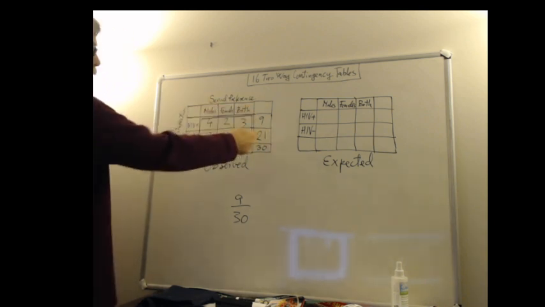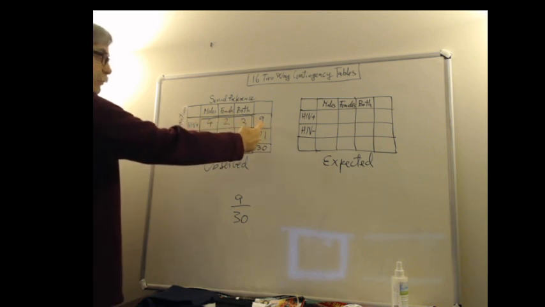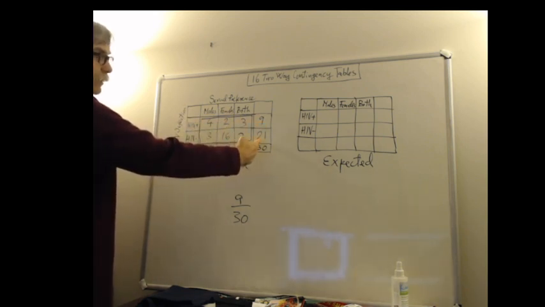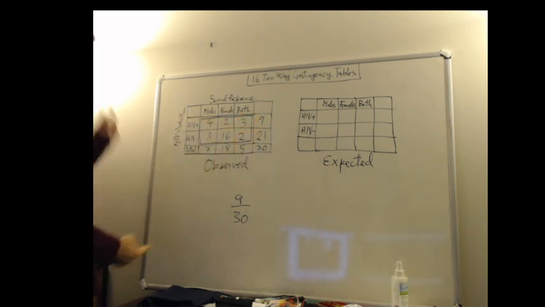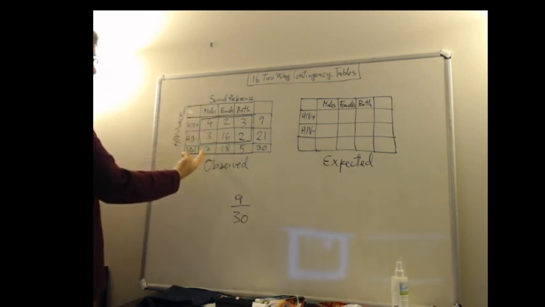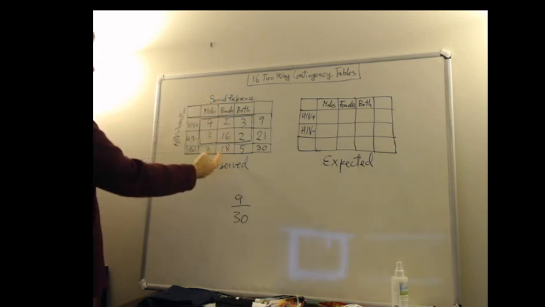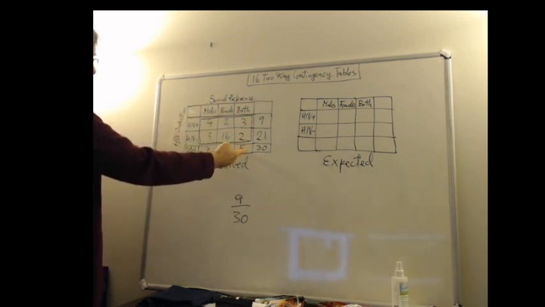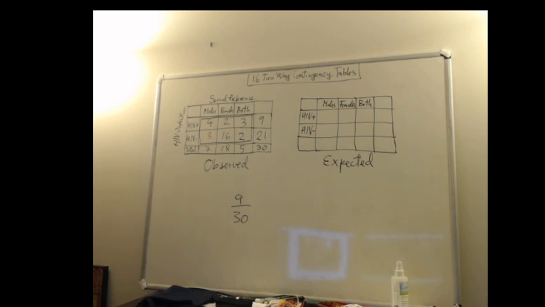So the marginal numbers are telling you how many HIV positive you have, how many HIV negative you have: 9 positive, 21 negative. The marginal numbers here are telling you how many out of 30 are gay, 7, how many straight, 18, and how many bisexual, 5. Okay, so those are the numbers here.